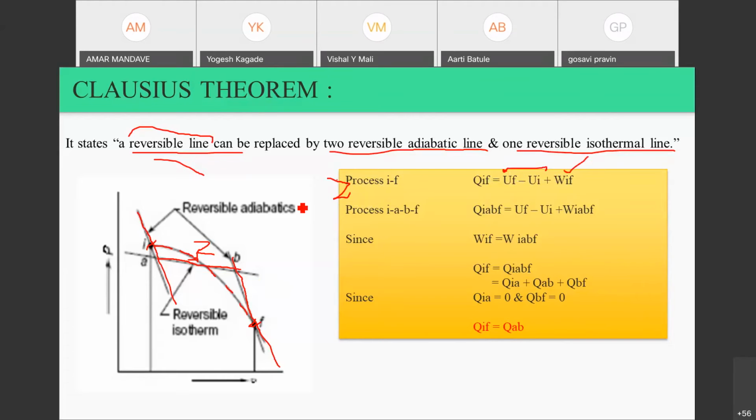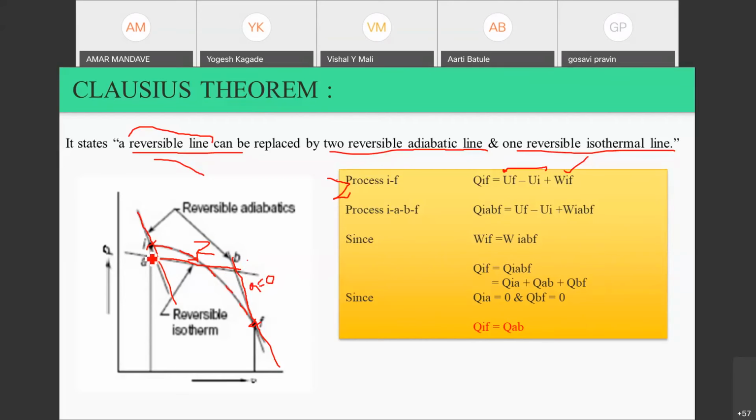Now we replace this process Z by using three different lines. Among them, two are reversible adiabatic lines, I to A, the first one, and B to F, the second one. For the adiabatic lines, we already know that there is no heat exchange during those processes, so the Q interaction will be 0.